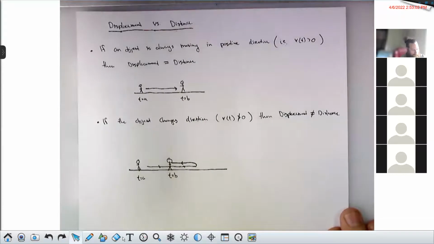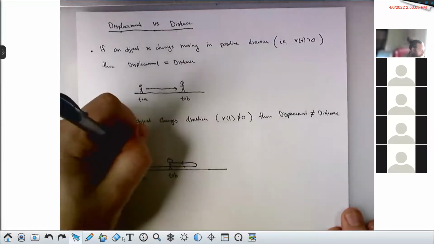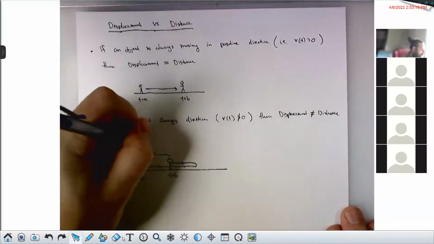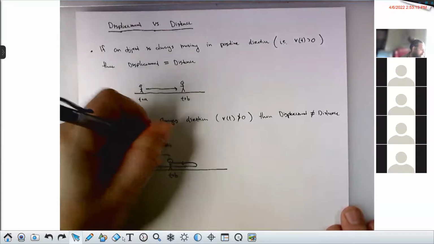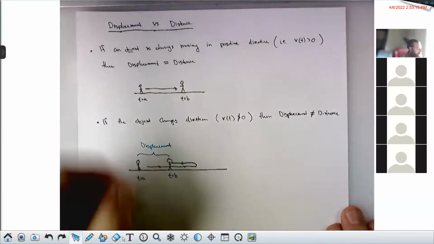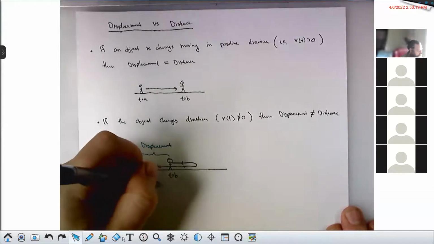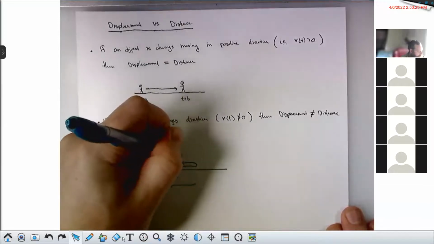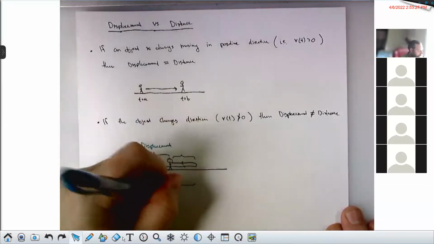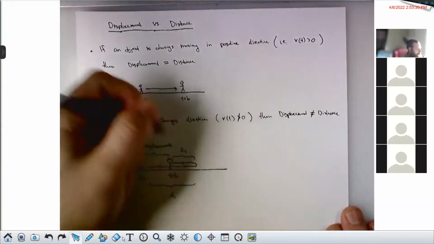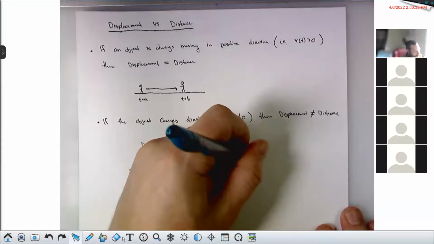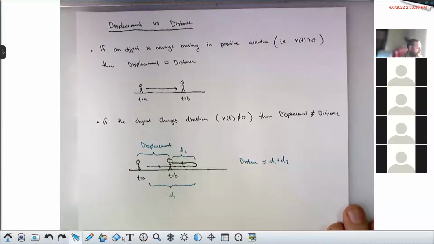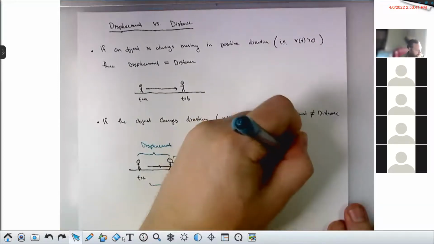My displacement is the distance from where I ended up to where I started. But my distance is this plus this, call this d1 and d2, the distance would be d1 plus d2, which is much larger than, in this case, the displacement.